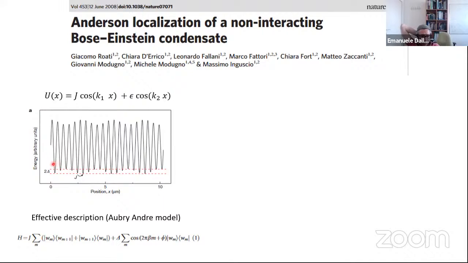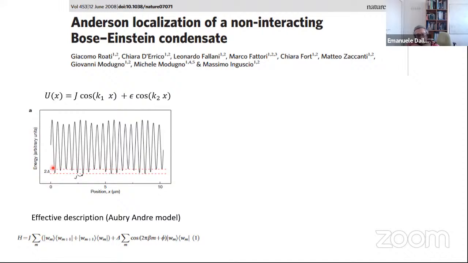Okay, so we can assume that the atoms occupy only the lowest level of each well. This is known as the single band approximation. In the single band approximation, you assume that in each well there is only one state. This is not strictly true because you have many states, but if the energy is low, so the temperature is small, you can assume that you're occupying only one level per well.